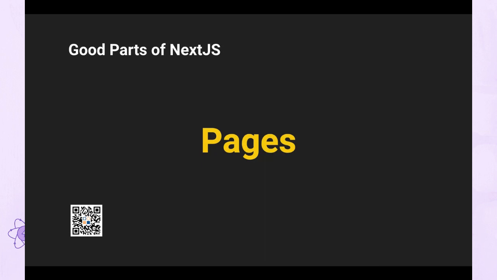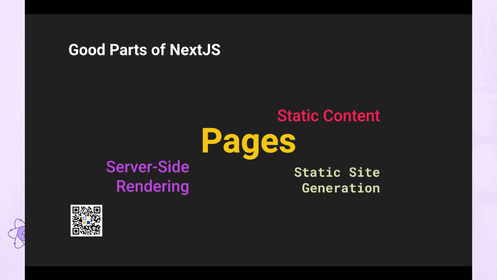There are many things around CRA we have to build, but Next.js gives all of them out of the box. It has pages, and we can also provide static content in the public folder. It has server-side rendering, static site generation, dynamic routing, and it also has serverless computing for APIs, a small bit of computing if you want to do it, available as APIs.